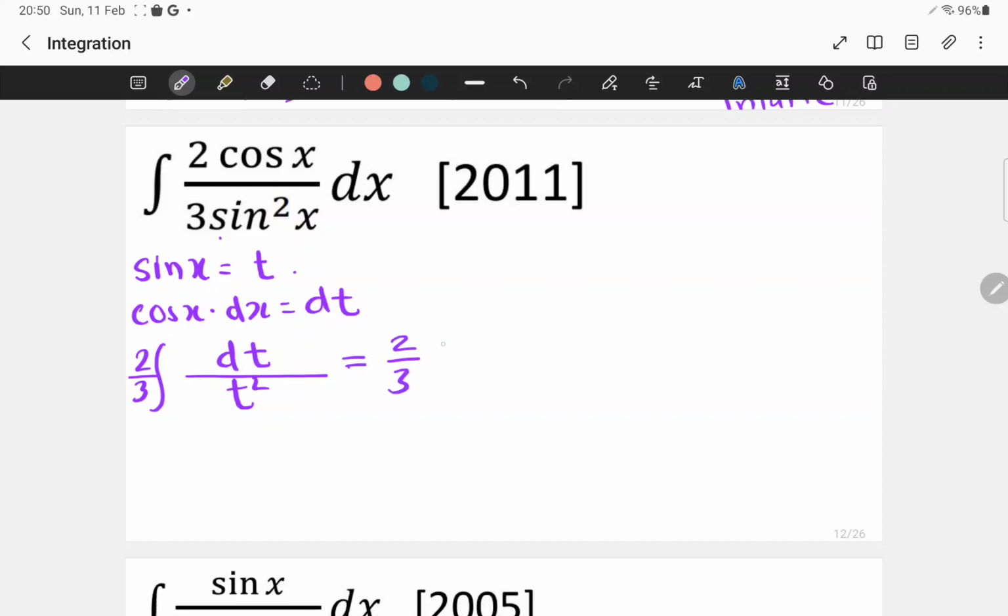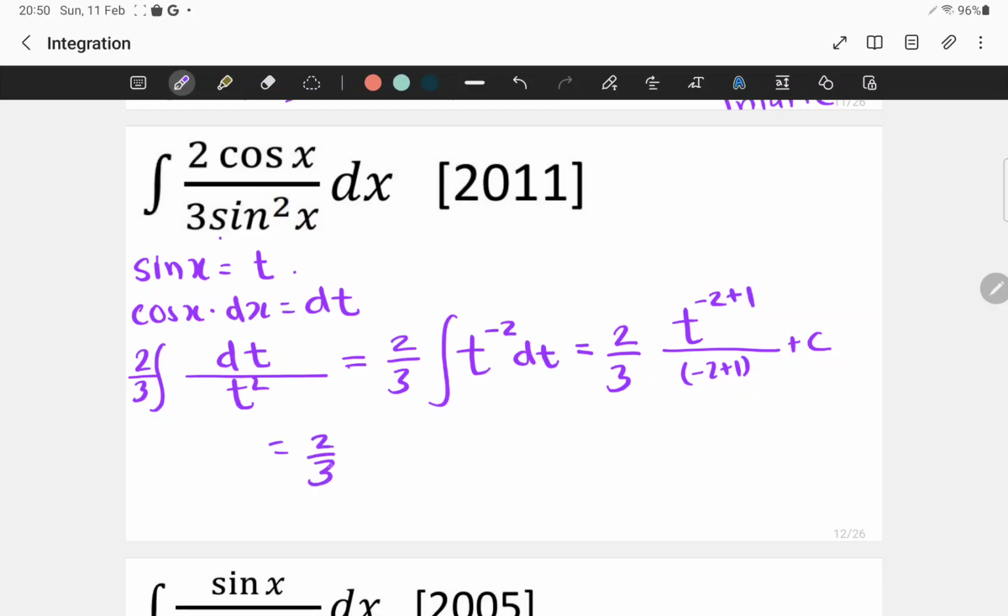2/3 integration t to the power minus 2 dt. So 2 by 3, and here we get t to the power minus 2 plus 1 over minus 2 plus 1 plus c.